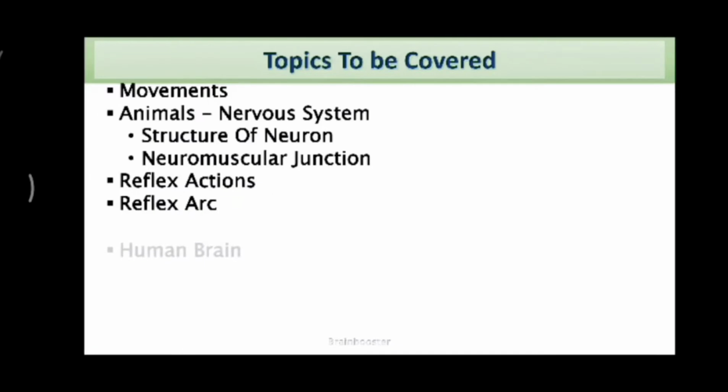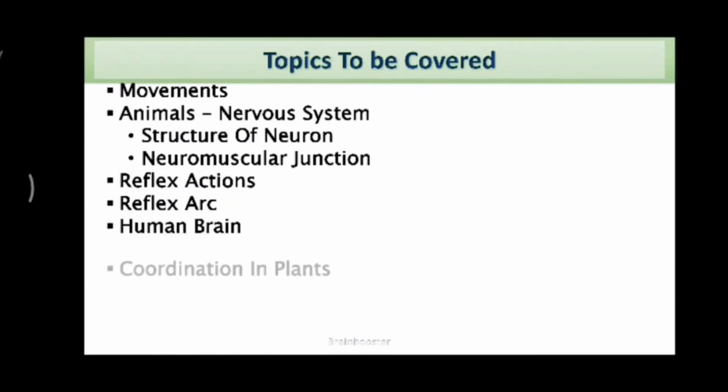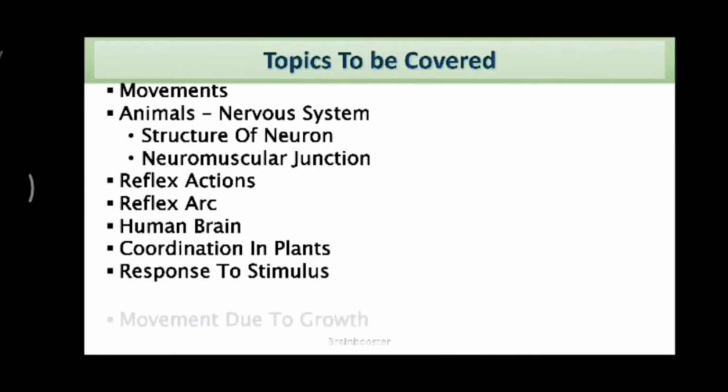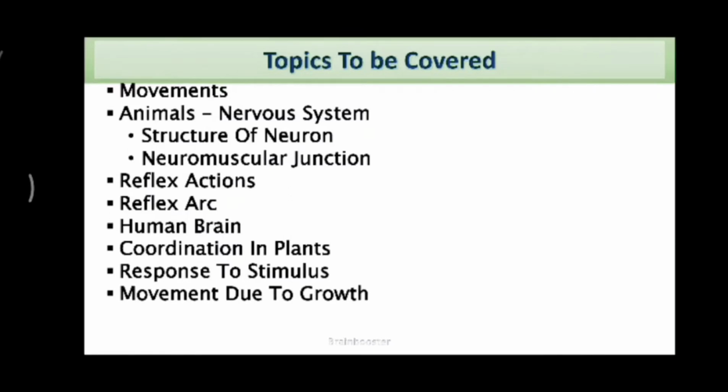We will learn about the human brain, and the coordination in plants, how plants are also coordinating with each other for their progress. We will learn about the response to stimuli. We will also learn movement due to growth, as we know that plants show movement by their growth.